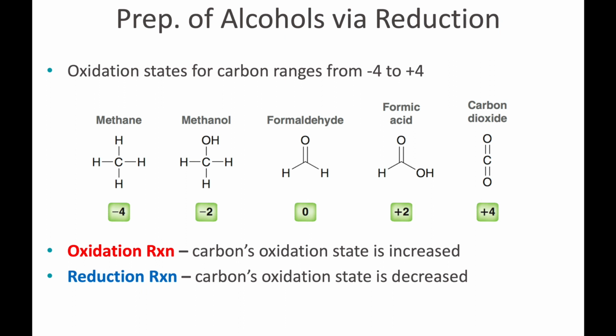So again, the oxidation reaction is more broadly defined as when carbon's oxidation state is increased. The opposite happens when you have a reduction reaction, when the carbon's oxidation state decreases. So let's say from formaldehyde to methanol, it goes from 0 to -2. Then we have what is known as a reduction reaction.